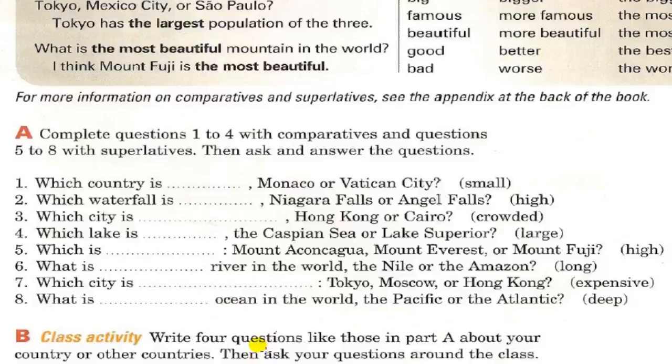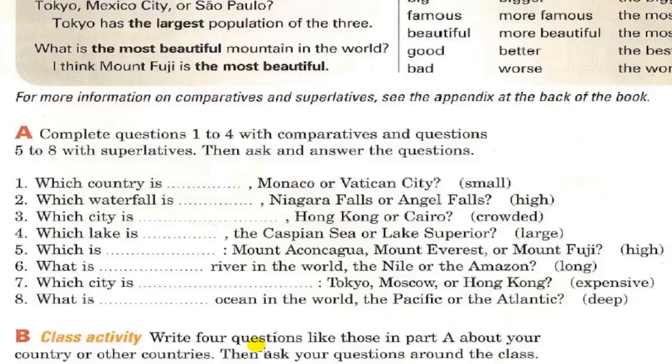Which country has the biggest number of population, Egypt or Saudi Arabia? Egypt. Egypt has the biggest number of population. In the Arab world, Egypt has the biggest number in the population.